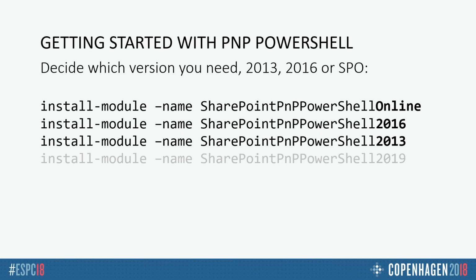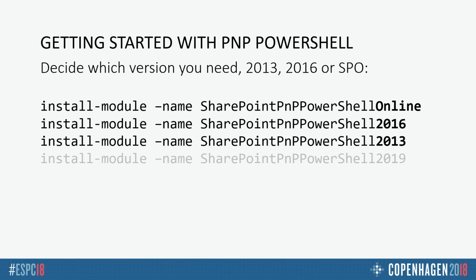And the client-side object model for SharePoint comes in different flavors for the different versions of SharePoint you're targeting. And that's why we have different binary builds of PnP Sites Core and PnP PowerShell that refer to those client-side object model libraries.